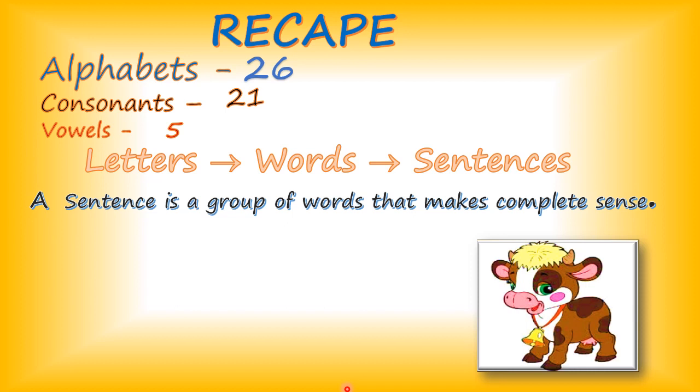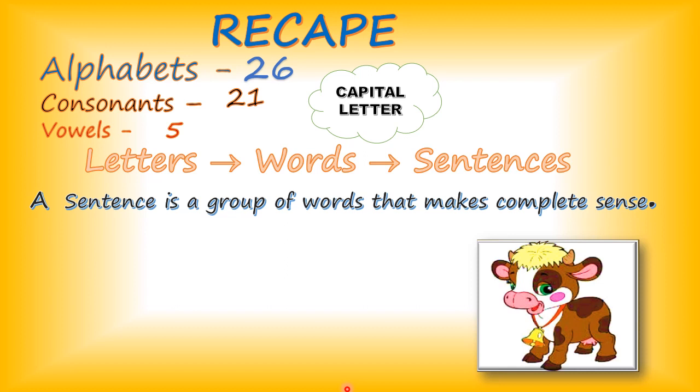Children, while writing sentences, we are supposed to keep a few points in our mind. Like first, a sentence always begins with a capital letter. In a sentence, words are arranged properly, placed properly. That gives meaning, that makes sense.